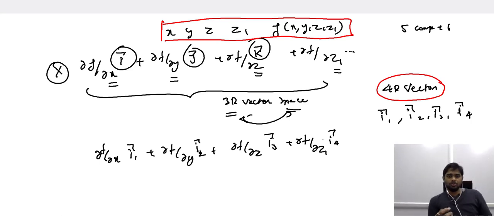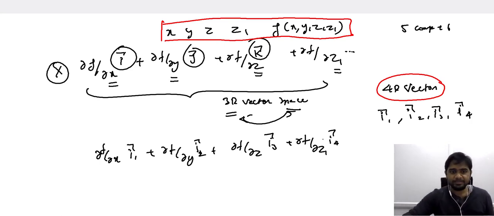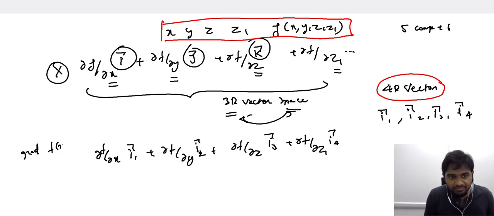What we have done here is consider not a concentration but a set of data points, and if these data points are beyond the 3-dimensional vector space, we have to go for a 4-dimensional vector space. This means we have to accommodate an additional basis, and that additional basis helps us represent the gradient of this function of x, y, z and z1.